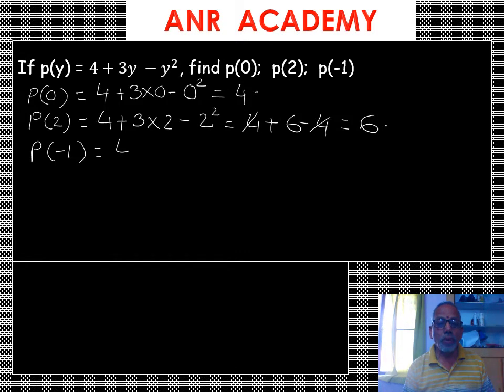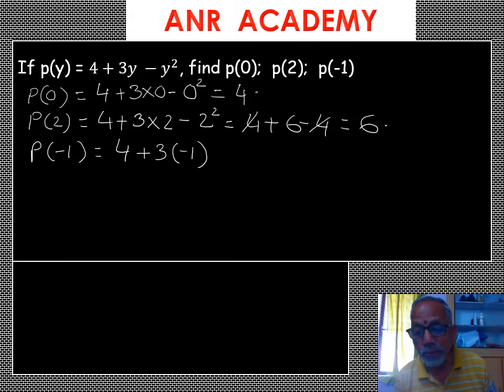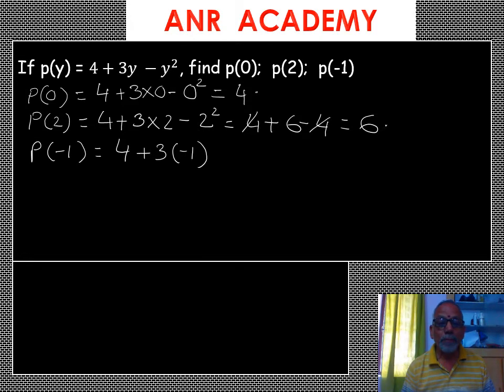So 4 plus 3 into minus 1. In the previous example I told you, whenever a minus number is given, you should keep that minus number in a bracket. Next, minus 1 whole square.